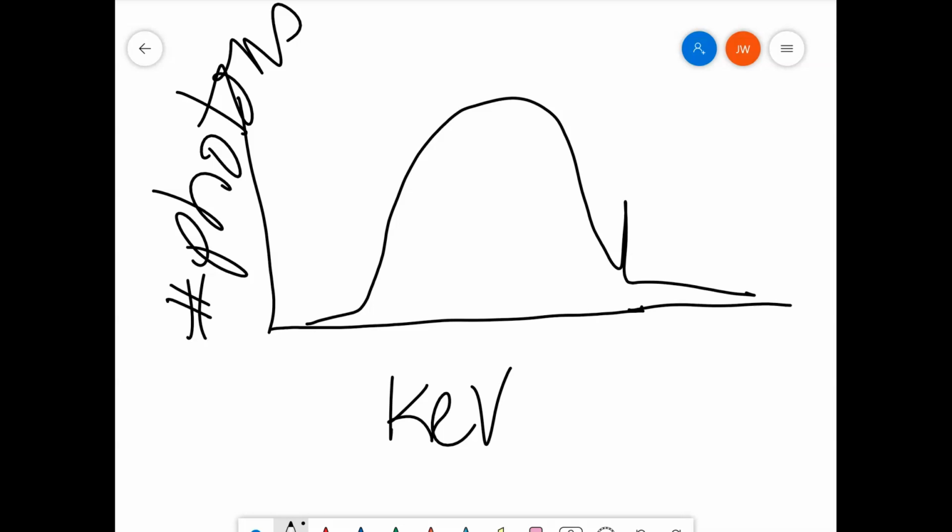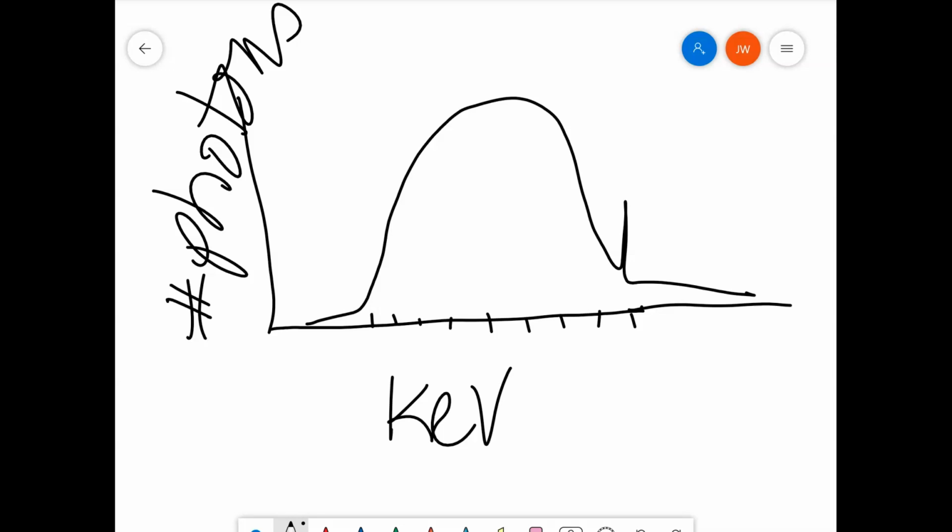Anyway, so what we have is we've graphed the number of photons created with each KeV level. So with each increase in KeV, you are getting a different number of photons created with that energy.